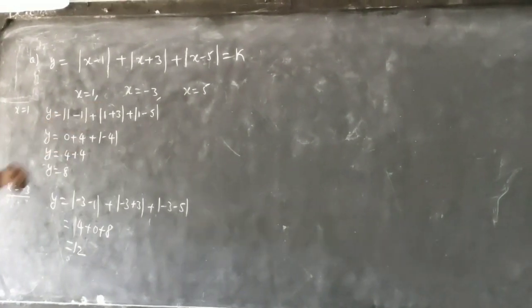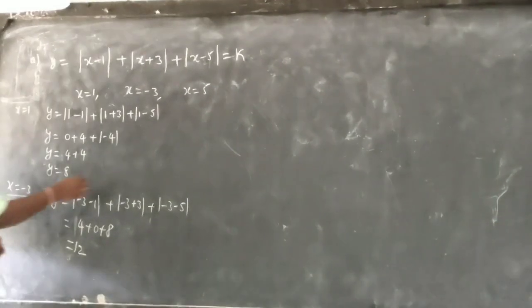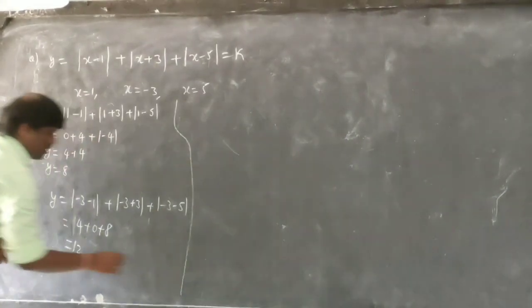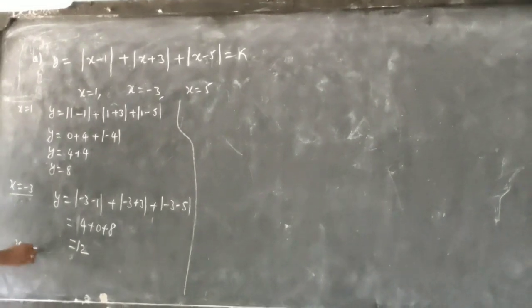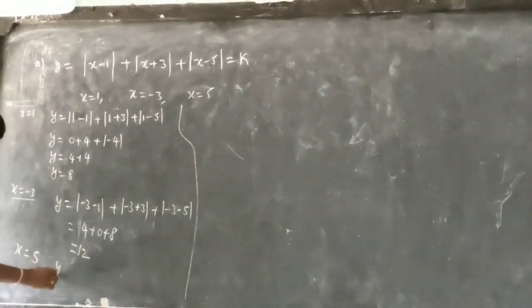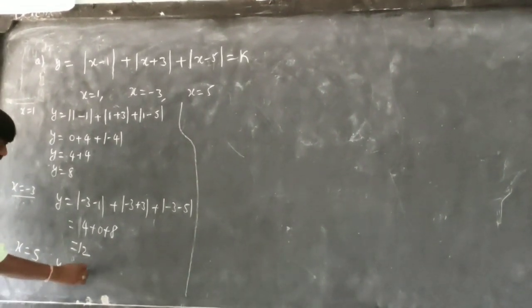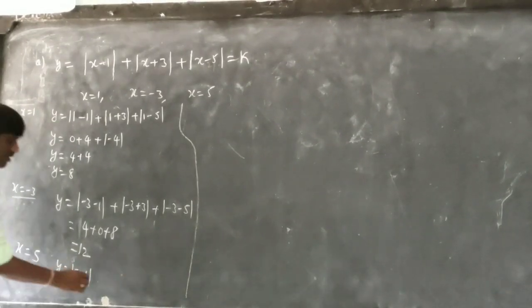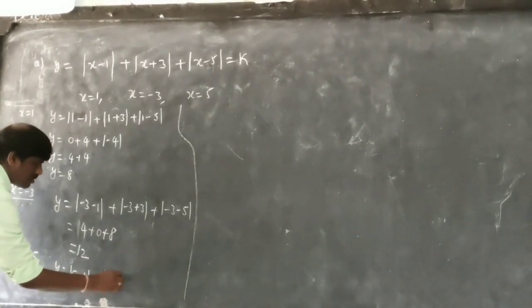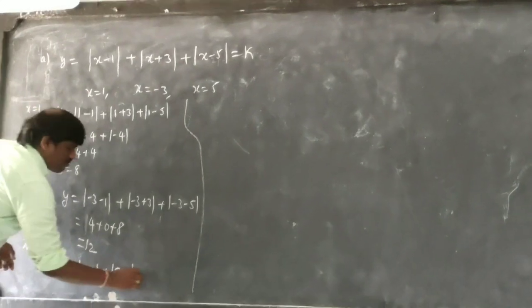Now let us go for another zero and substitute x is equal to 5 in this. The function becomes mod 5 minus 1 plus mod 5 plus 3 plus mod 5 minus 5.